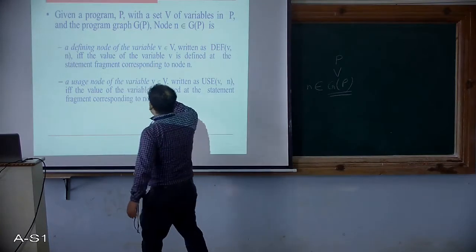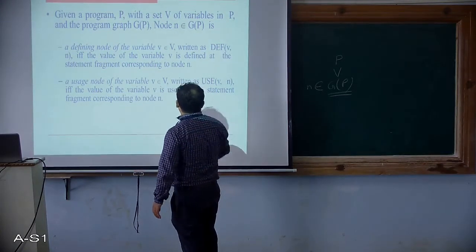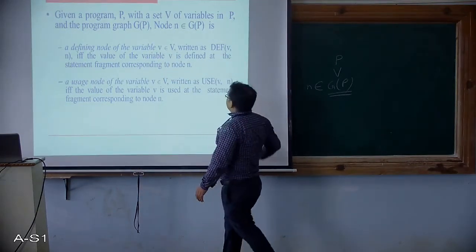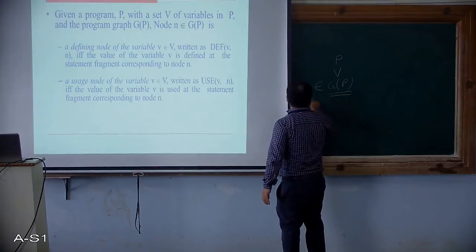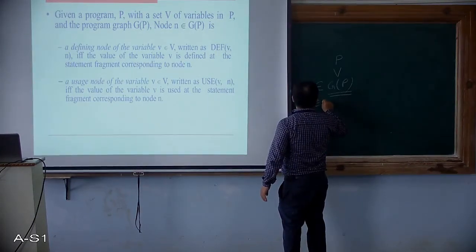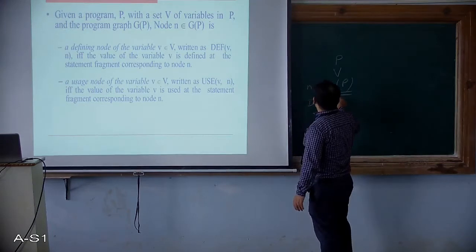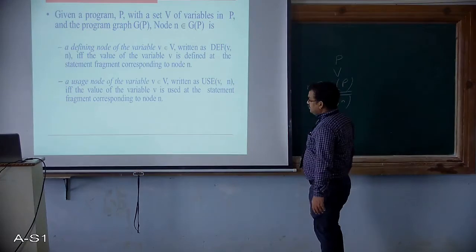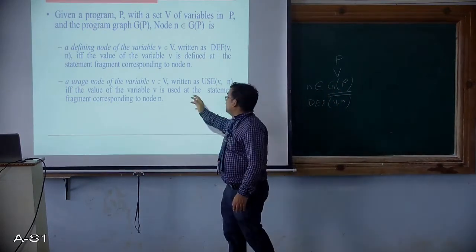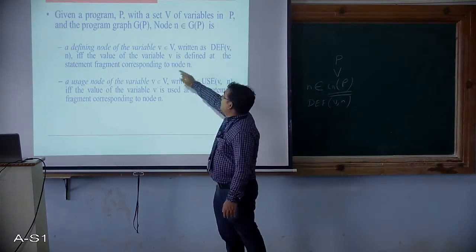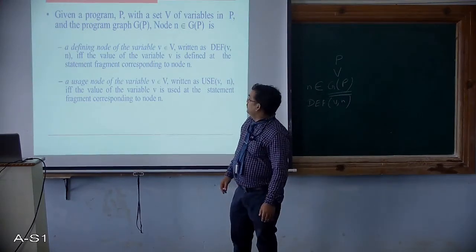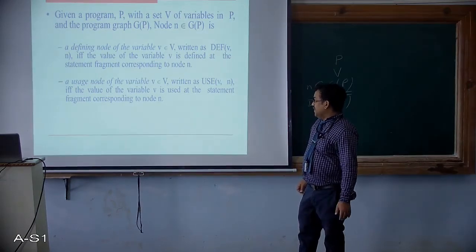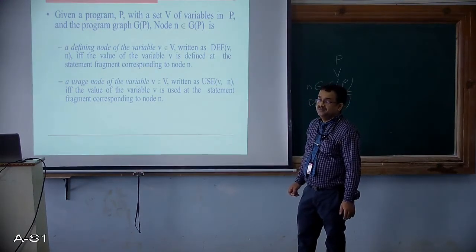One is a defining node of a variable v belonging to V, written as DEF(v, n). This node n is defined as a defining node of v if and only if the value of the variable v is defined at the statement fragment corresponding to node n.